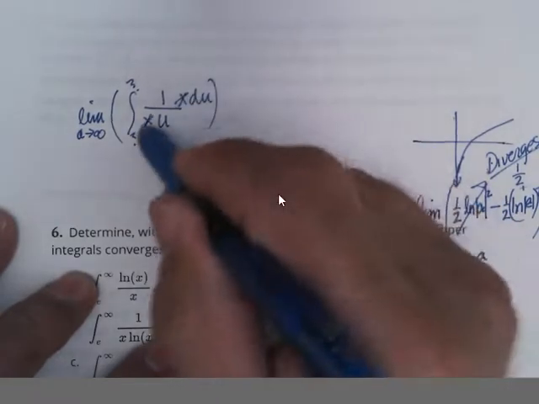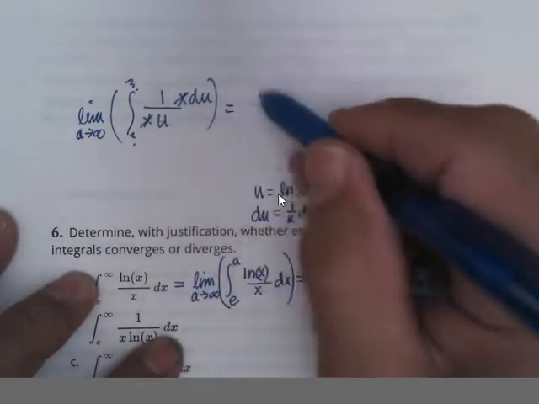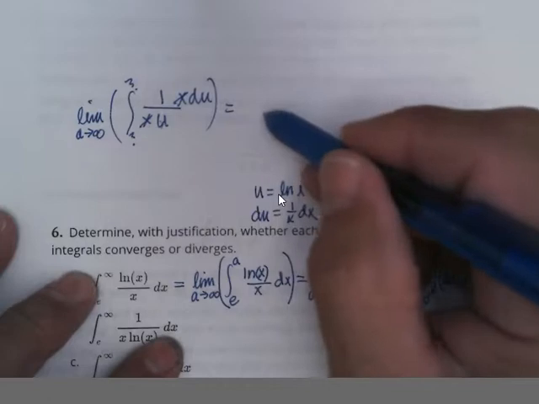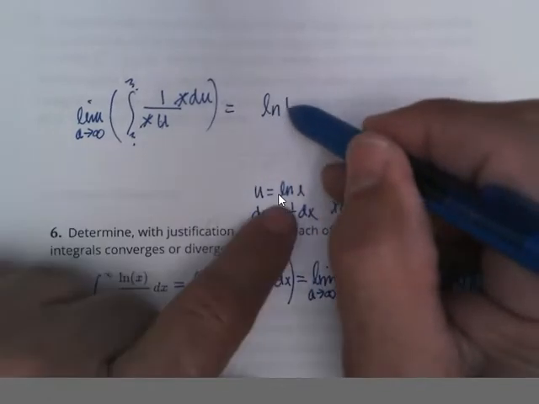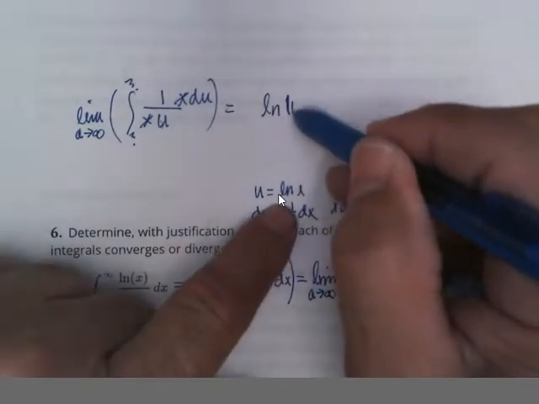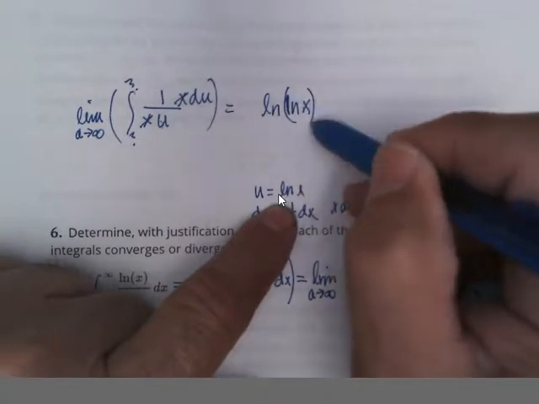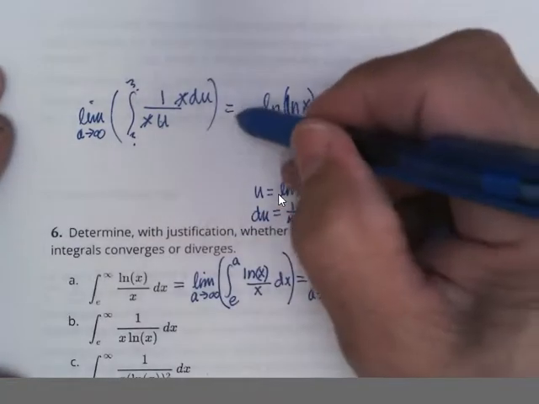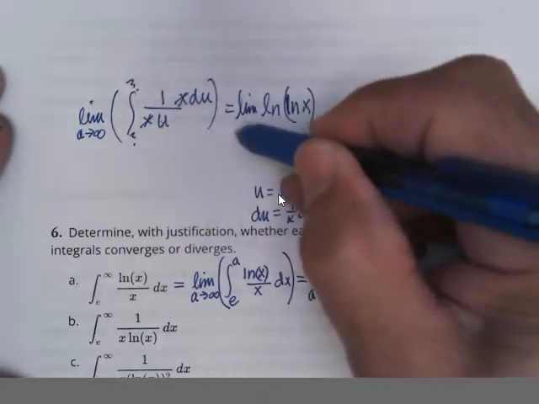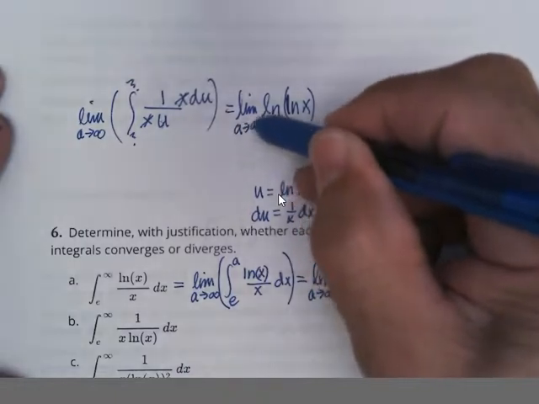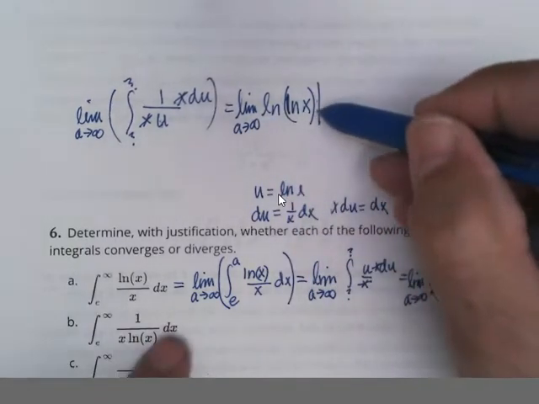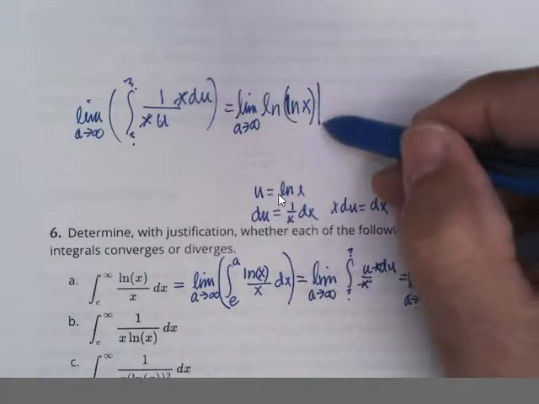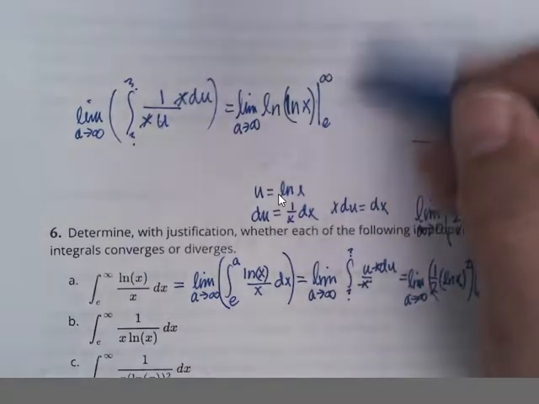The x's cancel. This becomes 1 over u, which integrates to ln of u, and u was ln of x, and we got to figure out what is going to happen as a goes to infinity of this evaluated from, now I'm back in x, so I'm going to go from e to infinity.